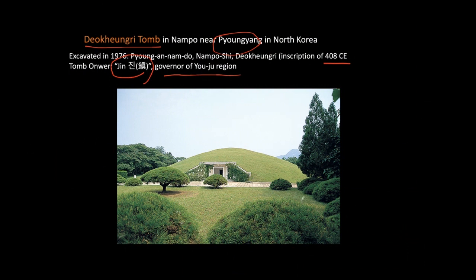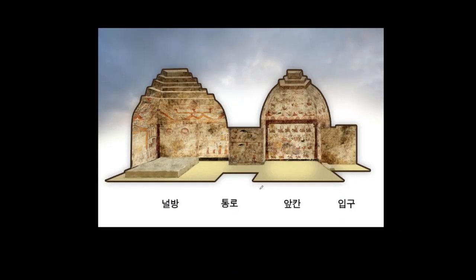So the tomb structure is the same as you've seen in Anak tomb number 3. It looks like a man-made mound, but the actual tomb is a stone chamber underground. Instead of having 4 rooms like in Anak tomb, Deokheungri looks like this.